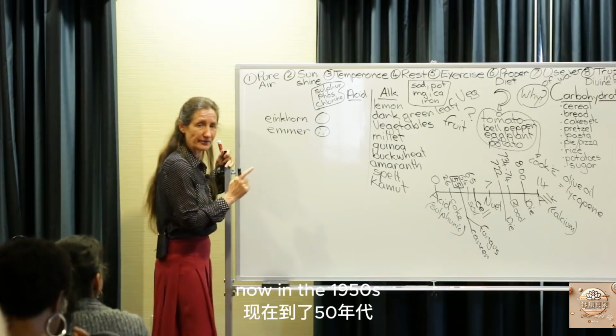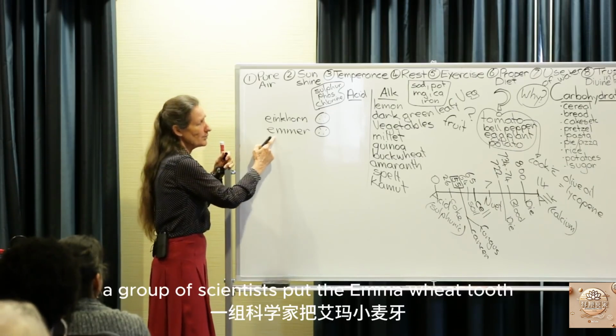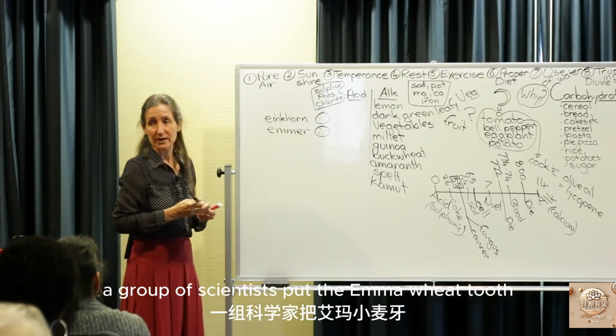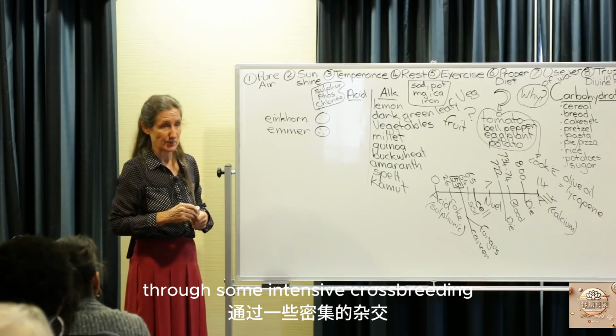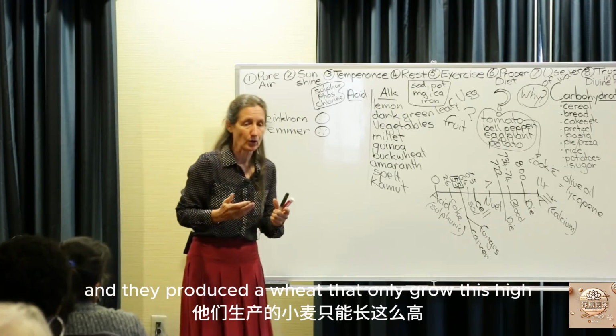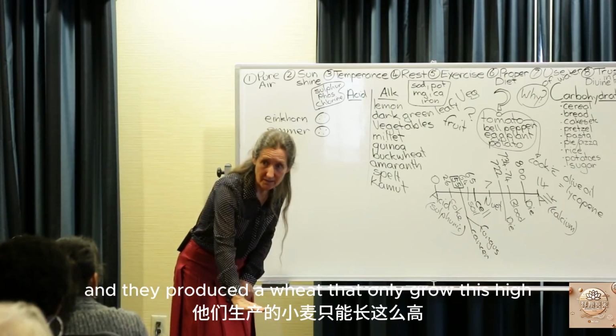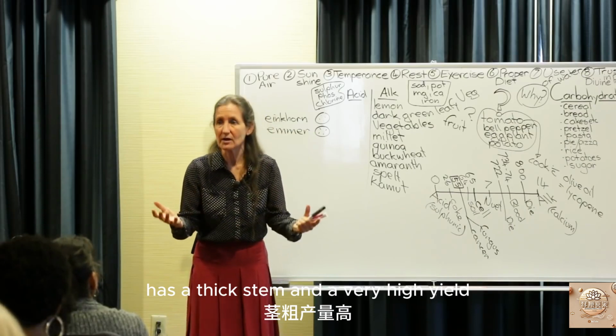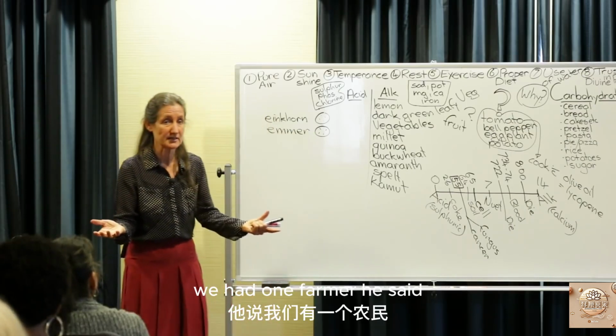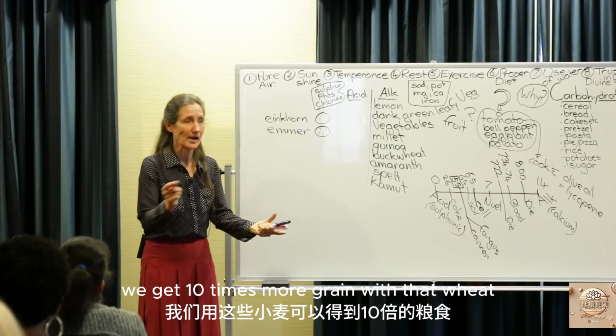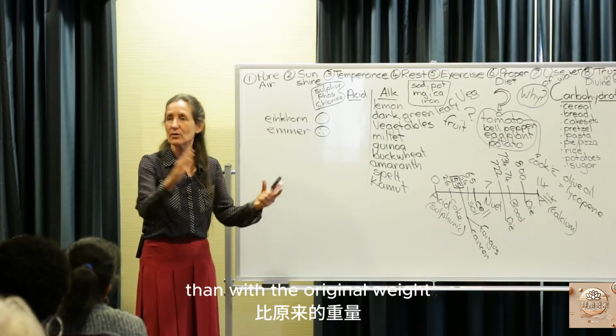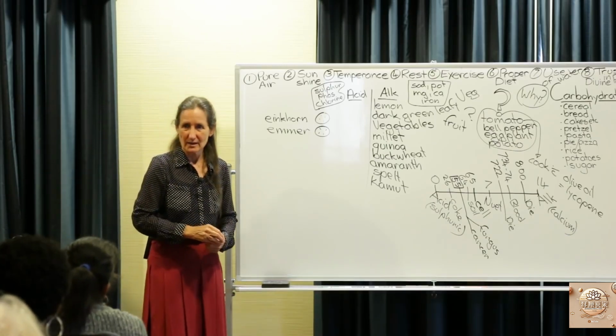Now in the 1950s, a group of scientists put the Emmer wheat through some intensive crossbreeding, and they produced a wheat that only grows this high, has a thick stem and a very high yield. We had one farmer, he said, we get 10 times more grain with that wheat than with the original wheat.